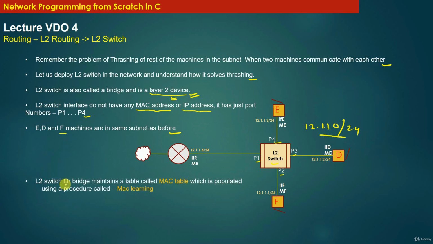Layer 2 switch, which is also called a bridge, maintains a table called MAC table, and this table is populated using a procedure called MAC learning. Shortly we are going to discuss the concept of MAC learning. The MAC table contains the mapping between the MAC address and port number. We will discuss what MAC learning is, how it is done and how it is used to populate the MAC table of the L2 switch.